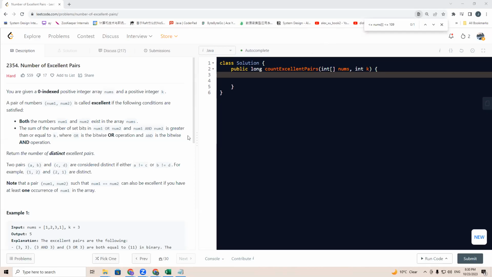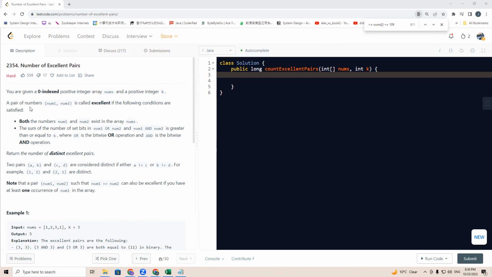Let's go through LeetCode 2354, number of excellent pairs. For this question, it gives us a zero-indexed positive integer array nums and a positive integer k.